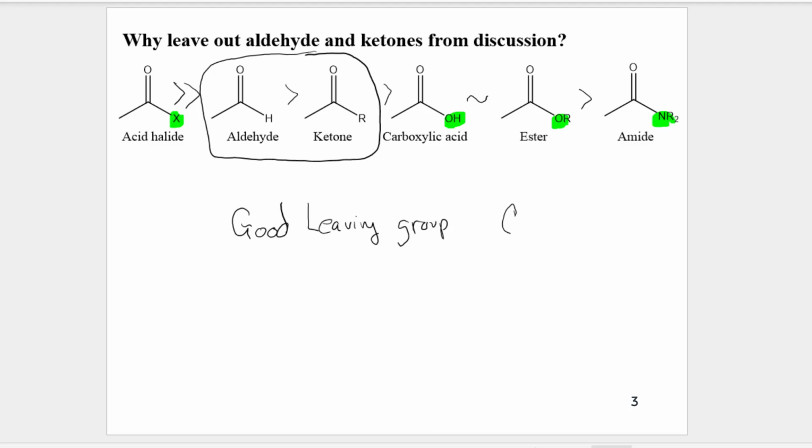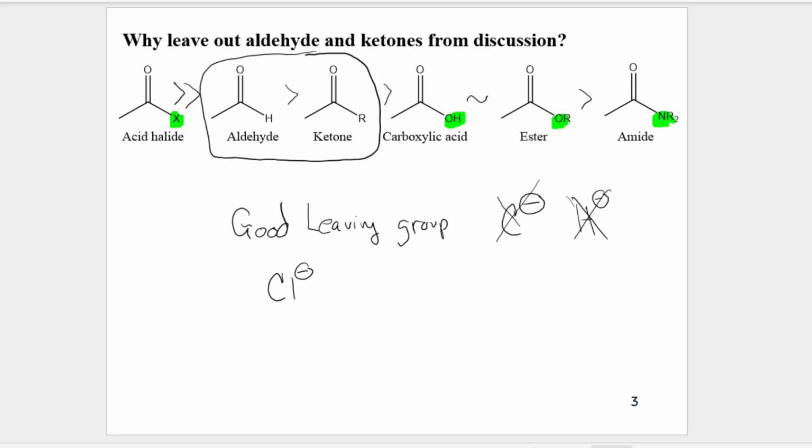Okay, did we see carbon minus as a good leaving group? No. Did we see hydrogen minus as a good leaving group? No. So what we did see are things like chlorine, right?